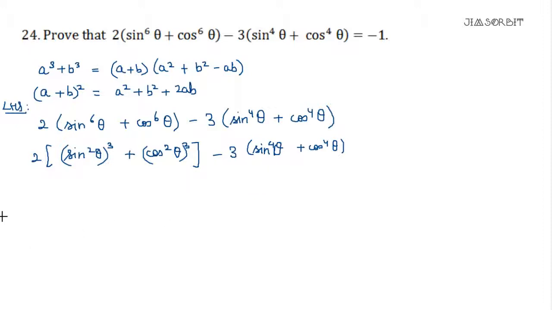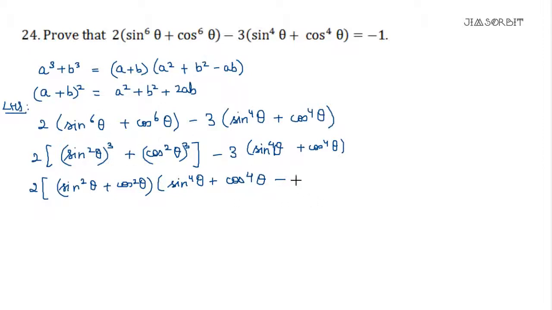Now we have got this, so this will be like the formula a cube plus b cube. What do we write? A plus b, correct? So we write sine square theta plus cos square theta. This is one of the brackets, a plus b. In the other bracket we have a square, so sine to the power 4, plus b square, so cos to the power 4, minus ab.